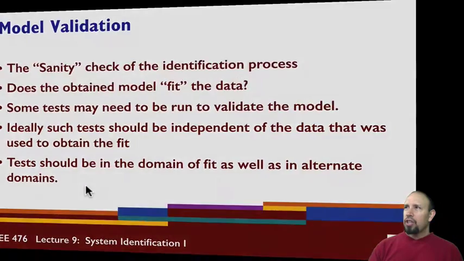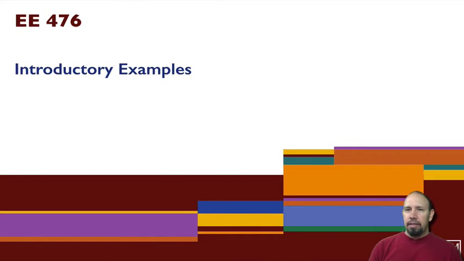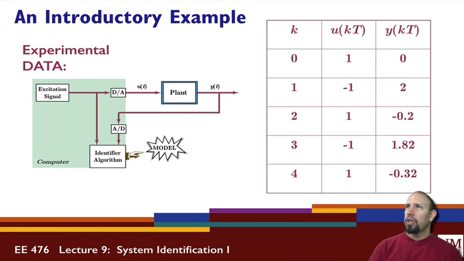Okay, so let's look at a couple of introductory examples. Here's our first one. Again, we have our configuration set up, and I apply a sequence of values to our input. It's just an alternating sequence, 1, minus 1, 1, minus 1.